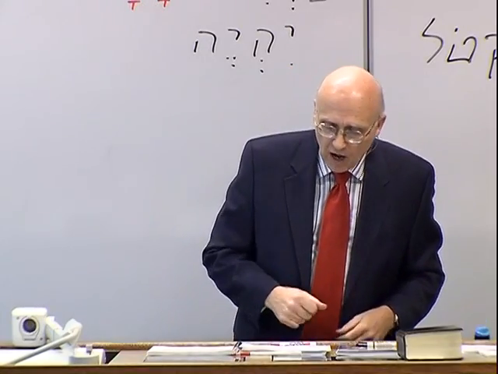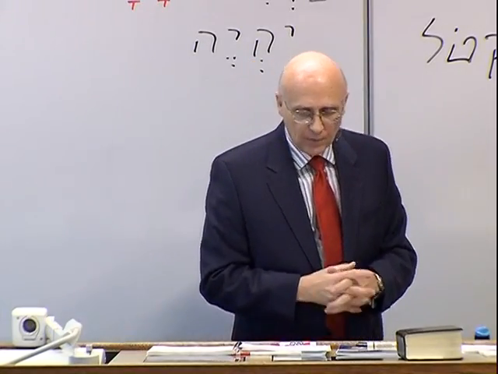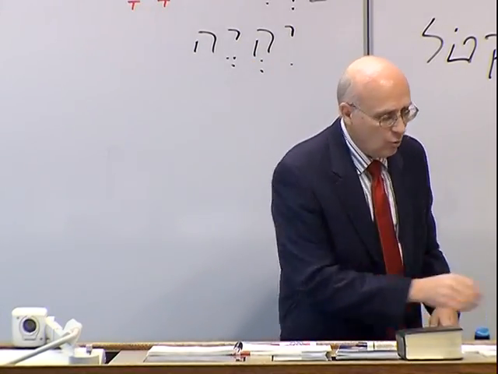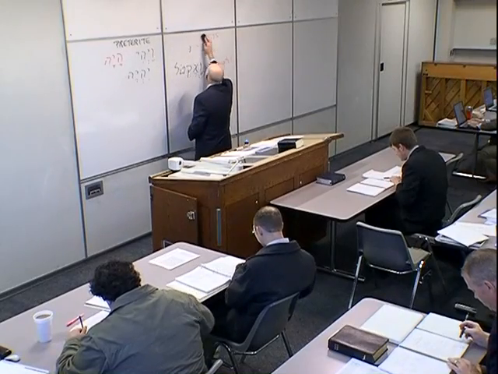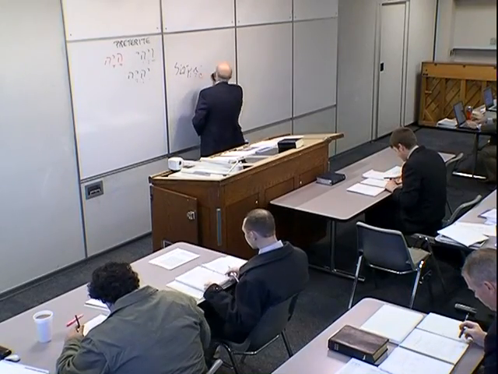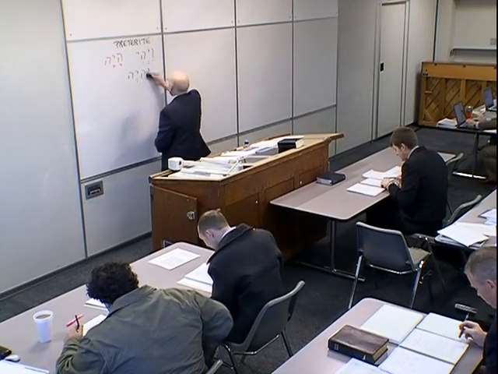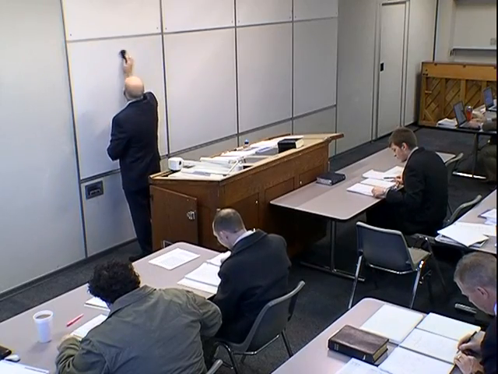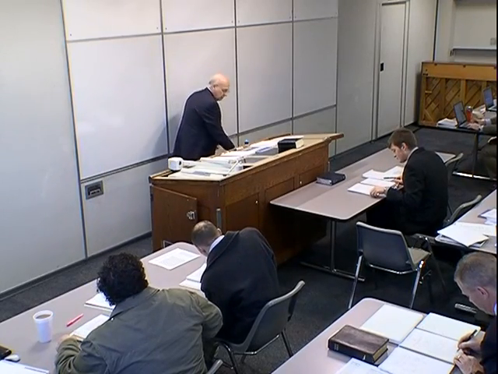Now, when we talk about the second form, it is called the wow correlative. This is wow consecutive on the imperfect, but the wow used on the perfect is called a wow correlative.